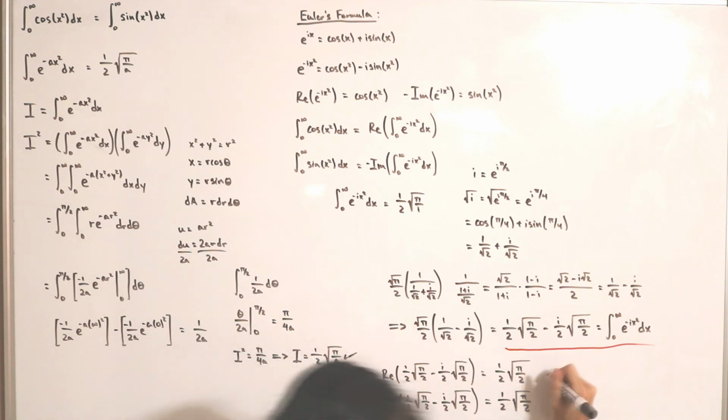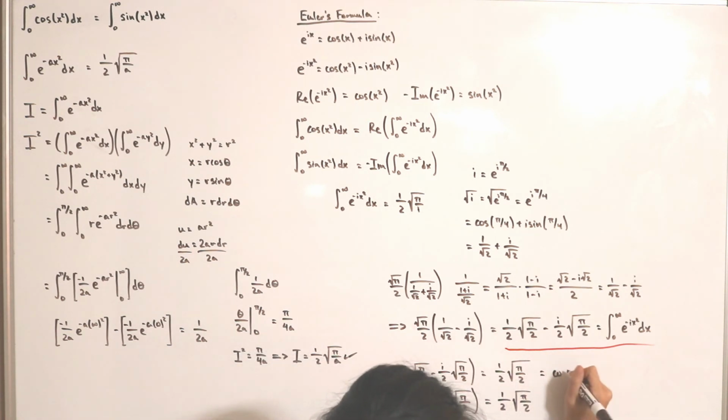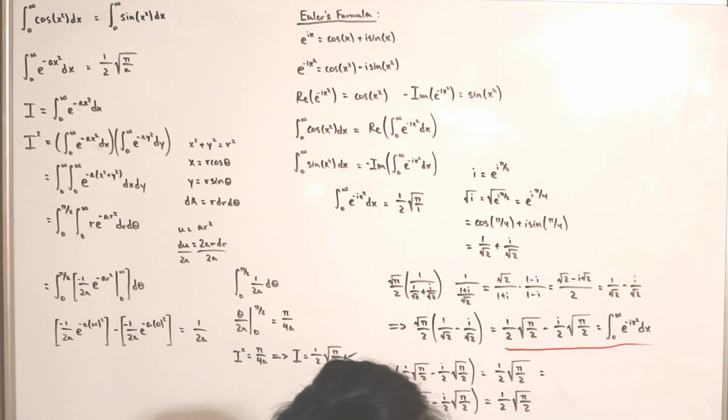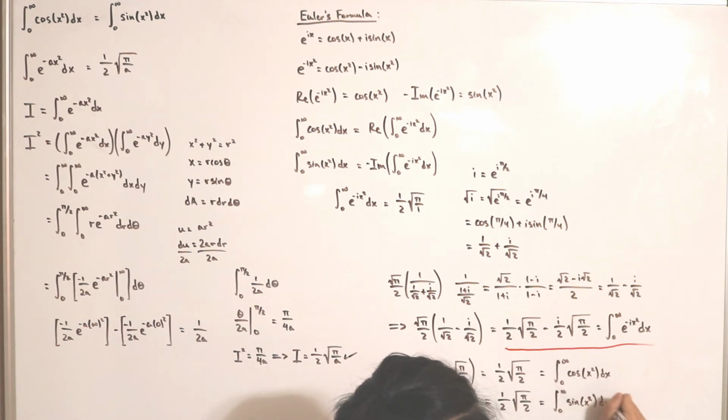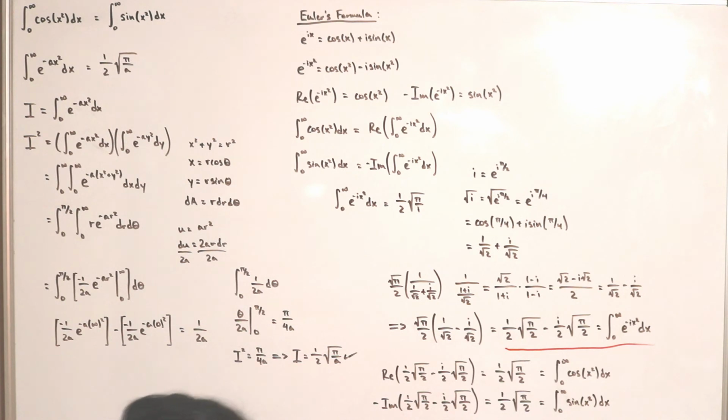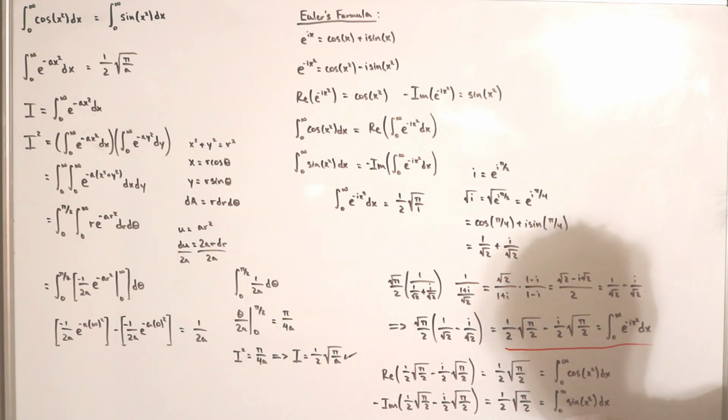But also notice that the real part is the integral from 0 to infinity of cosine x squared dx, and the negative imaginary part is the integral from 0 to infinity of sine x squared dx. If you notice closely, the two values are equal to each other, concluding that these two integrals are equal to each other, like so.